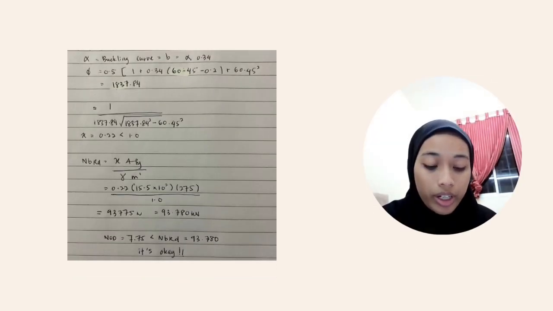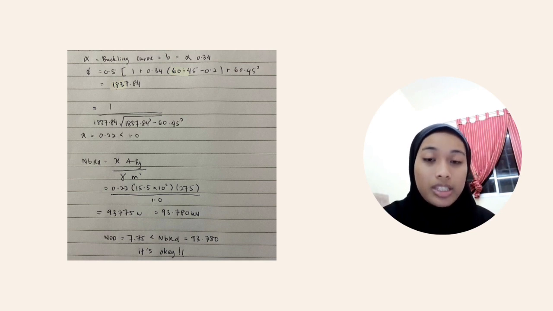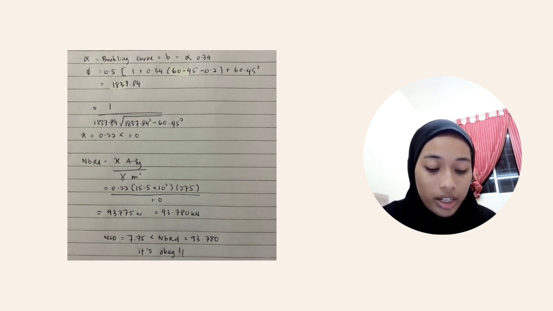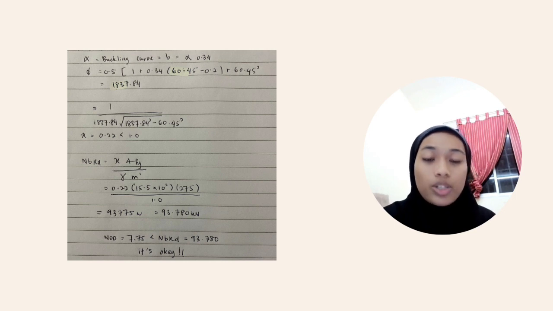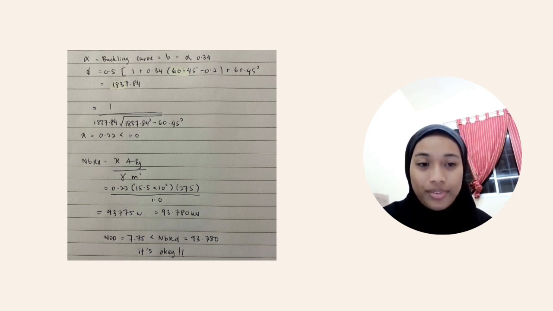So for the final answer, I got the NEd 7.75 less than NbRd 93.780. So overall is okay. That's all from me.